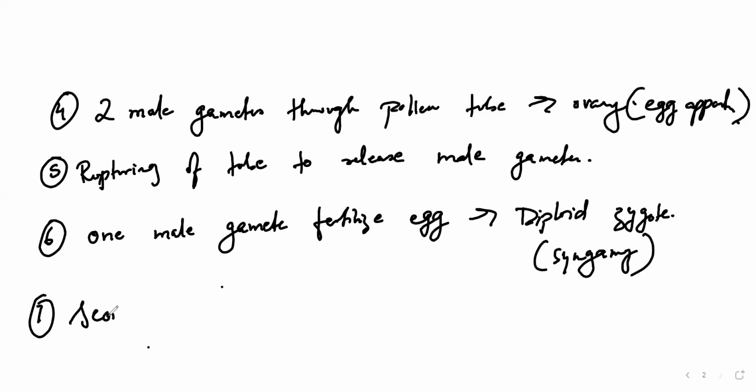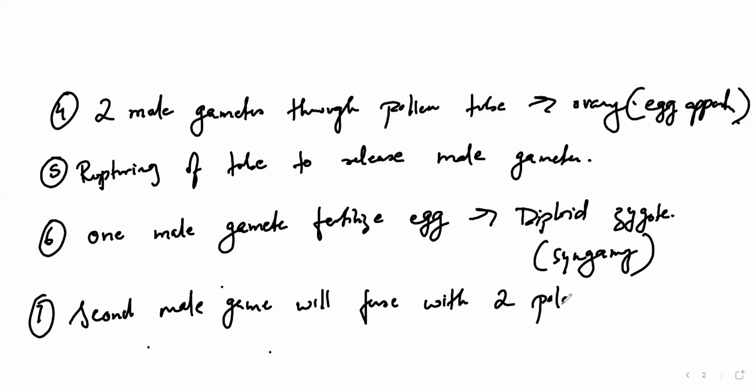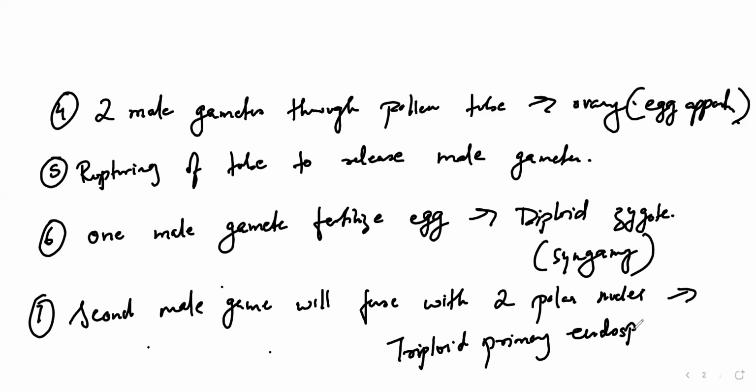The second male gamete will fuse with two polar nuclei to form triploid primary endosperm, which is also called 3N.